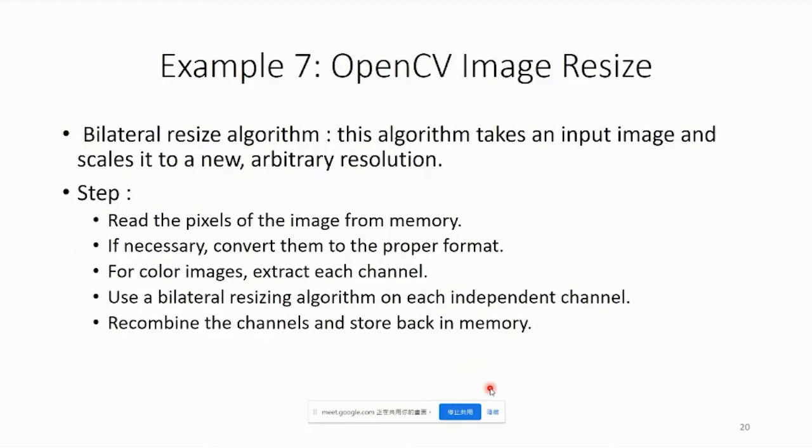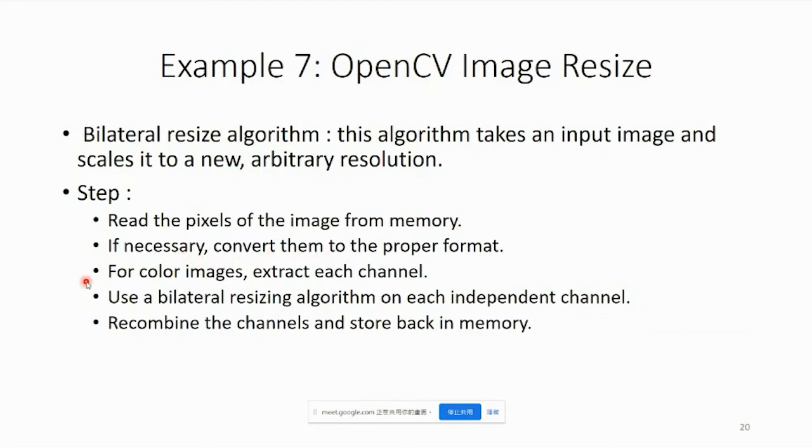And in example 7, we want to do the resize and use the OpenCV image resize. In this part, we want to do the bilateral resize algorithm. And the steps are: first we read the pixels of the image from memory. Then, if necessary, we convert them to the proper format.